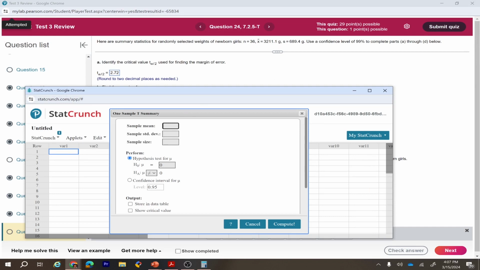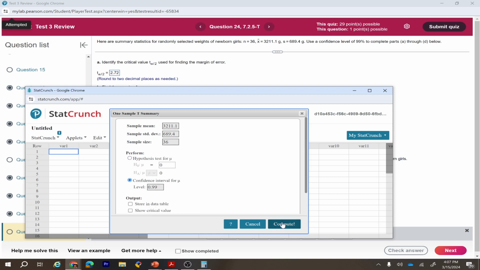The sample mean is 3211.1 grams. The sample standard deviation is 689.4 grams. The sample size is 36, and the confidence interval needed is 99%.